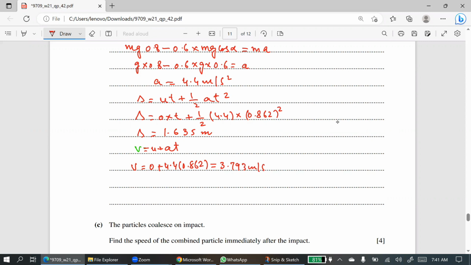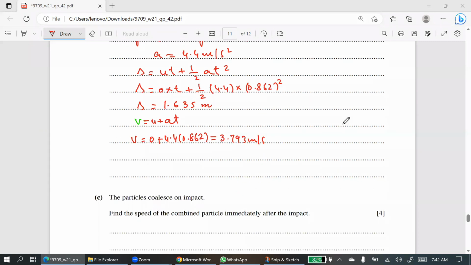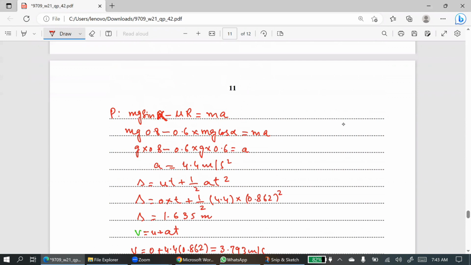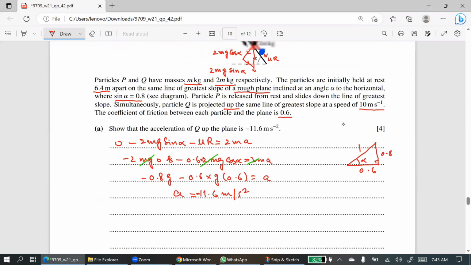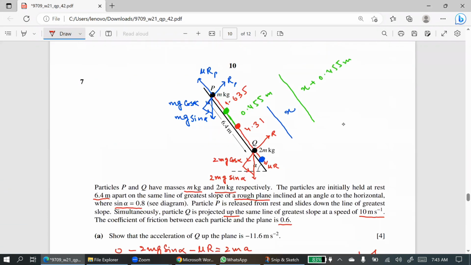Now we will use s is equal to ut plus half at square for both particles P and Q. For particle P, the distance it should cover is x plus 0.455.